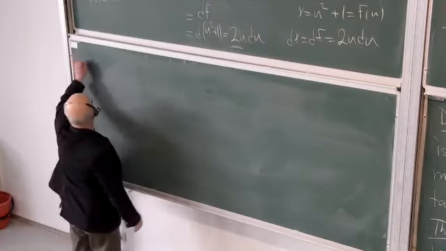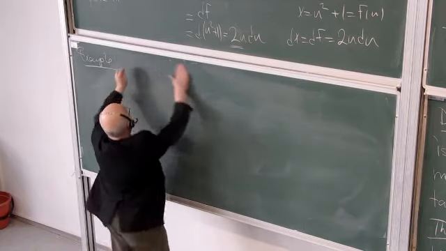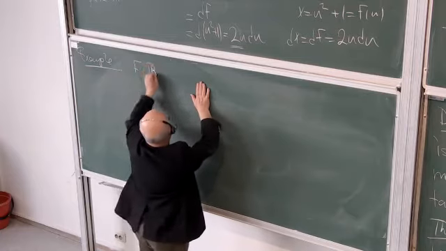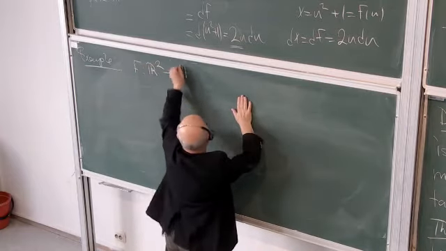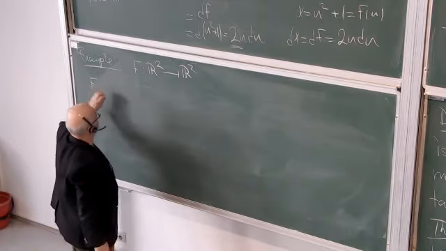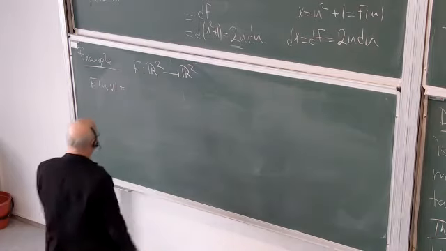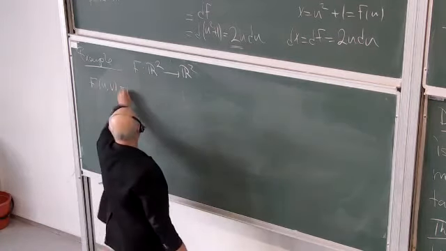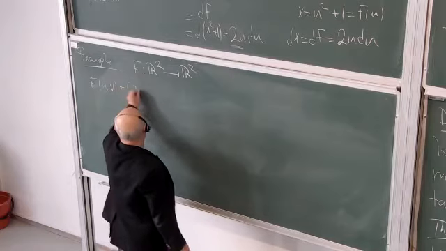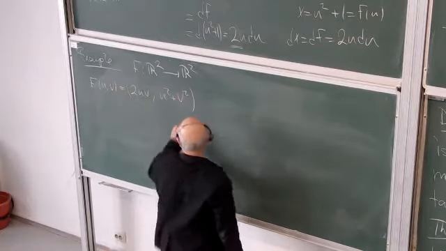Another example. Suppose you have a function from R2 to R2. And let's say it's given like this. f of uv is just 2uv and then u squared plus v squared.